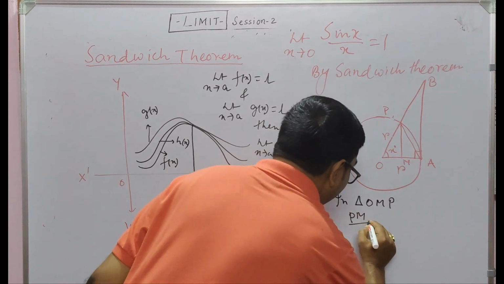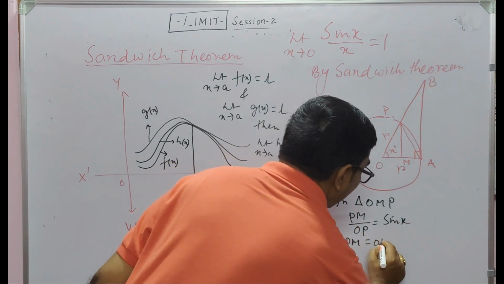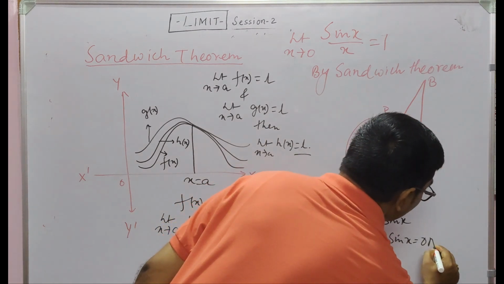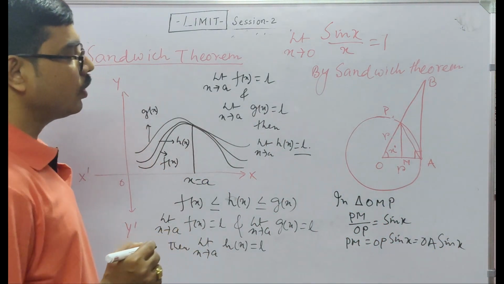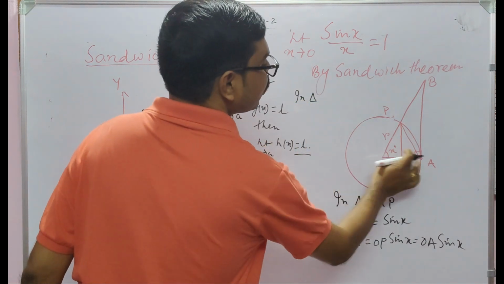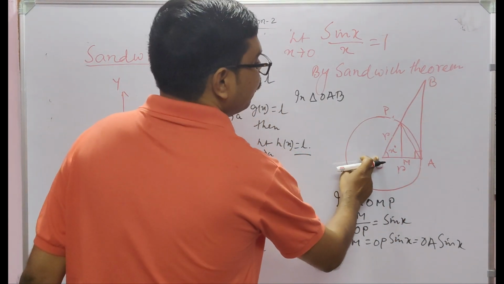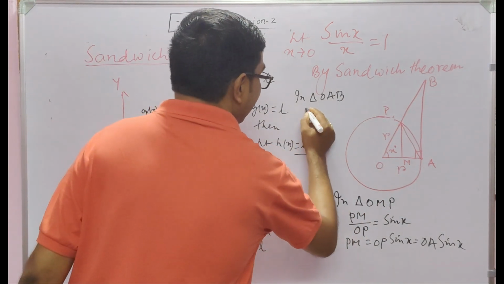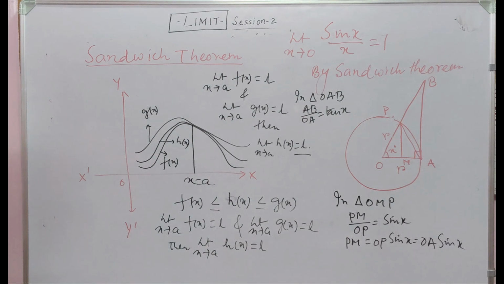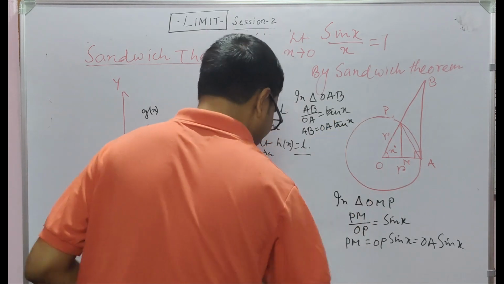So PM by OP equal to sin X, that is PM equal to OP sin X. OP is the radius R, that is OA, so PM equals OA sin X. And now in the right angle triangle OAB, this is the perpendicular, this is the base, and this is the hypotenuse, so AB by OA equal to tan X, that is perpendicular by base equal to tan X, that is AB equal to OA tan X.